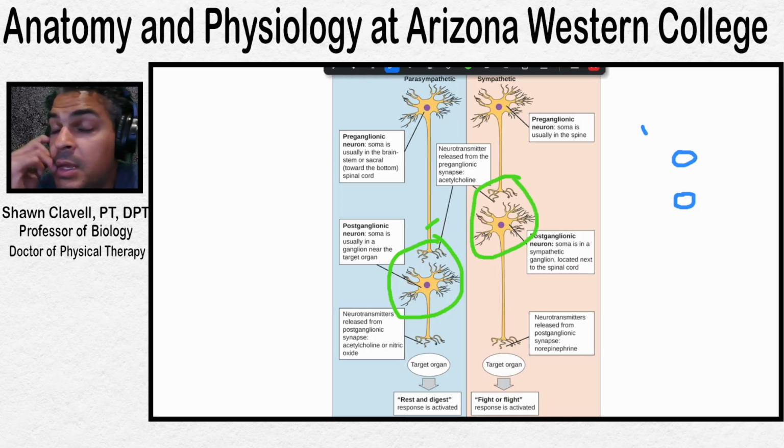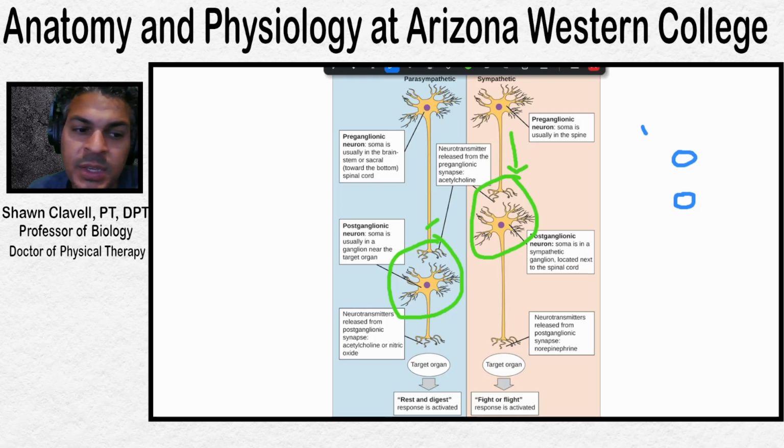So in the sympathetic nervous system, your fight or flight response, there's a very short preganglionic neuron and then a long postganglionic neuron.